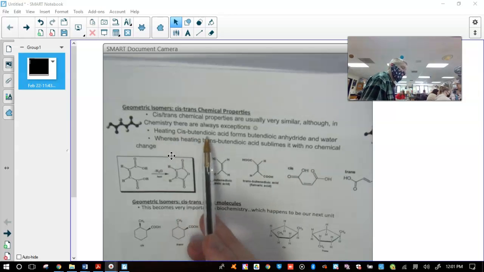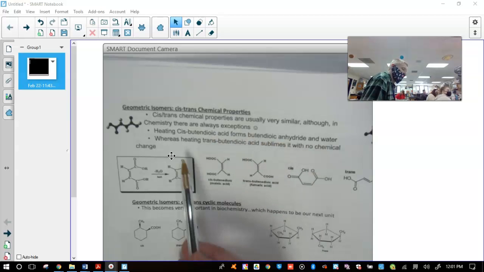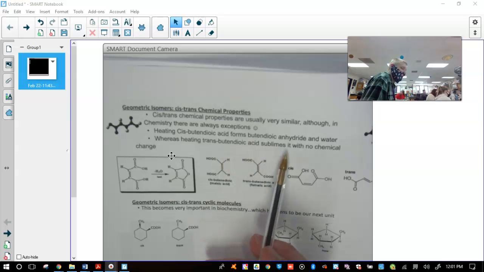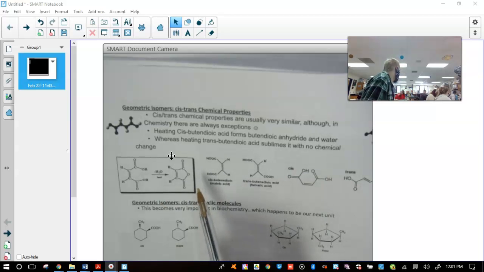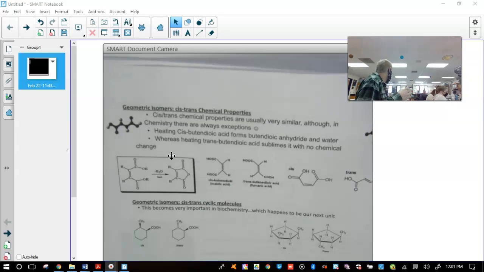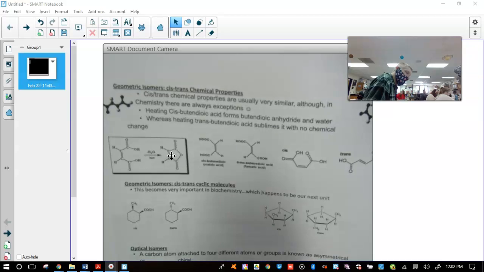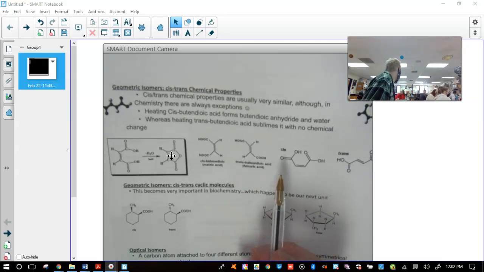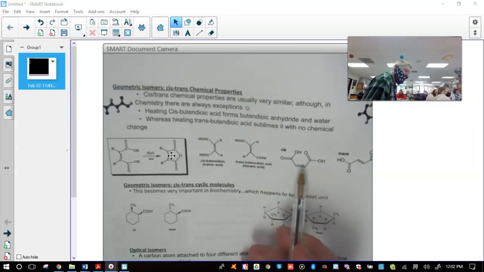Heating cis-butenedioic acid forms butenedioic anhydride in water, whereas heating trans-butenedioic acid sublimes it with no chemical change. Just know that chemical properties between geometric isomers will be different. That's just kind of showing it.